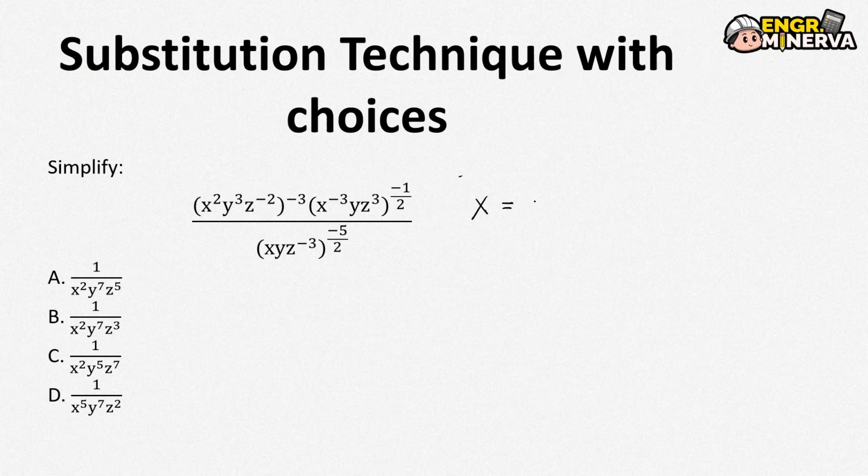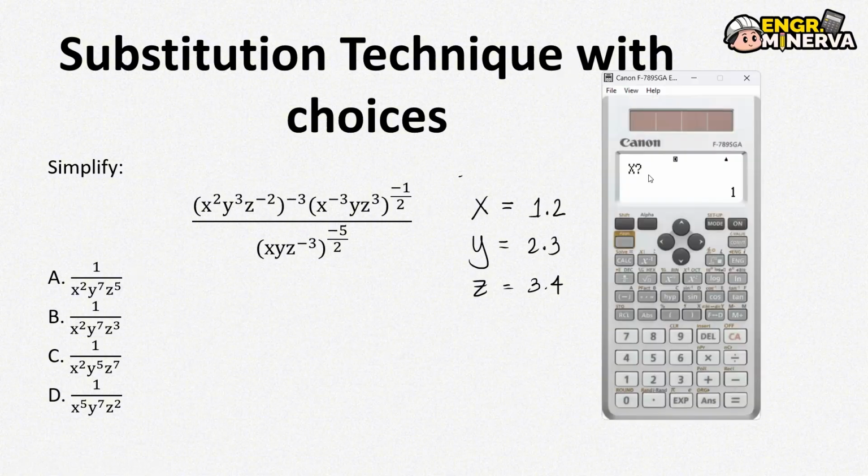So let's try for our x. Let's use 1.2. For y, let us use 2.3. And for z, let us use 3.4. So in the calculator, it asks us the value of x, so we write 1.2.